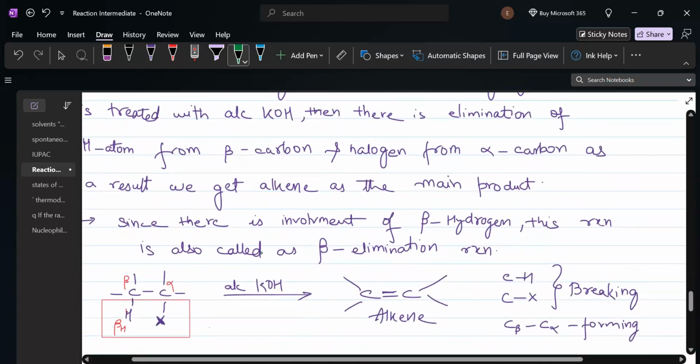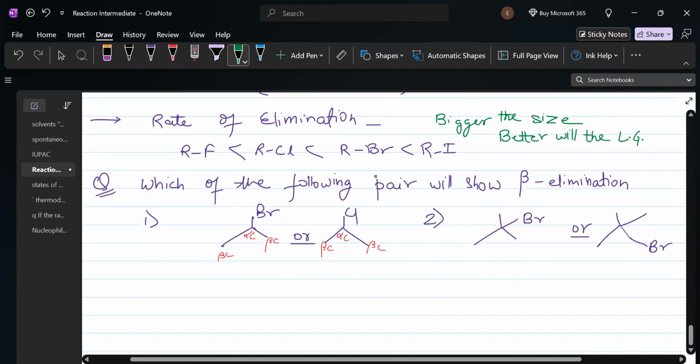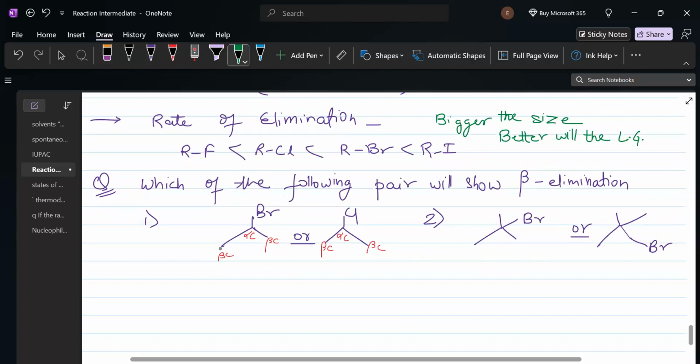From the definition, at least one beta hydrogen, right? Do we have beta hydrogen available here? Is there hydrogen present in it?